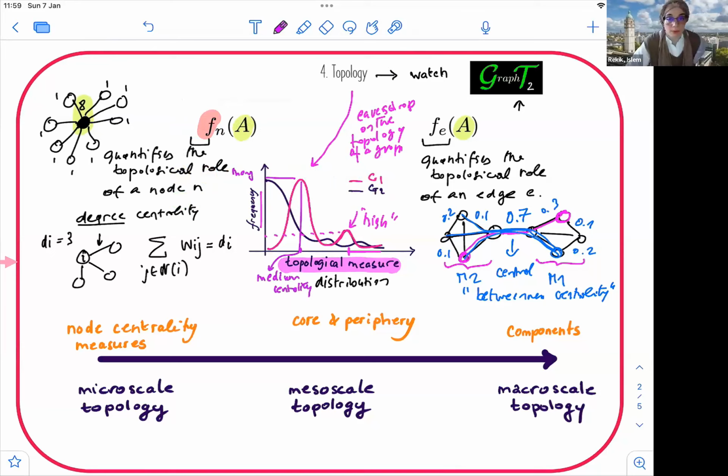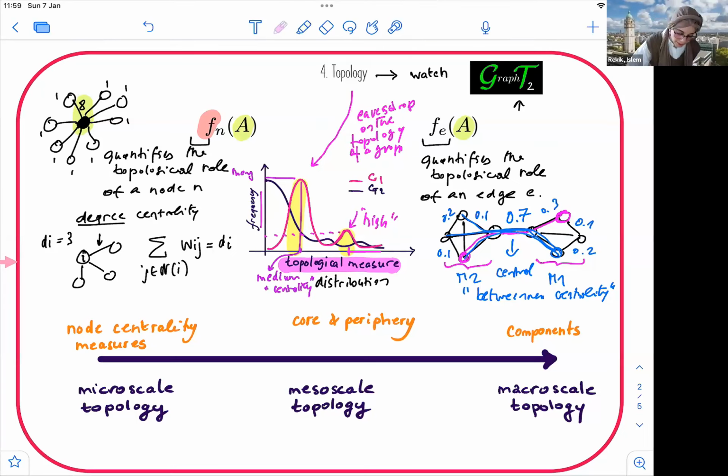Centrality is one of the topological measures, this is just an example. What this tells us is that I have a few hub nodes that are highly connected, and the majority of nodes are equally connected. And you can imagine the structure of the graph from this plot.